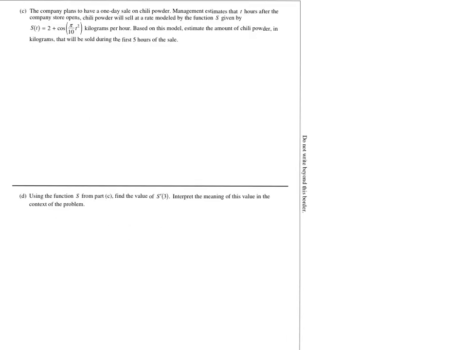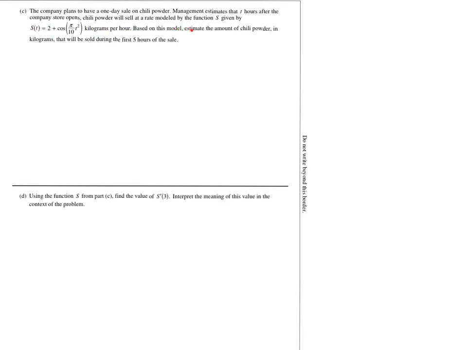Okay, for part C here, they're going to start getting rid of their chili powder. They're going to sell it, and they've got a function that says at t hours after the store opens, they're going to sell at a rate modeled by S, given by 2 plus cosine pi over 10 t squared. So it's really important to recognize that this is a rate function, kilograms per hour.